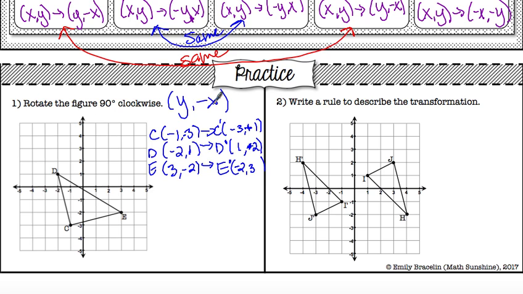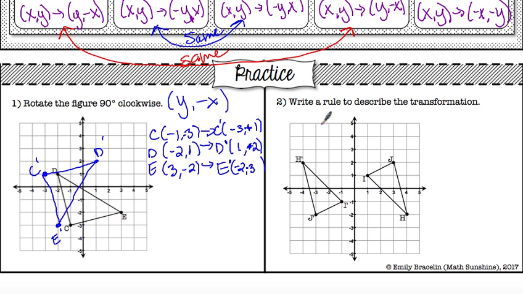The value that was originally x, the 3, is now negative. It's the opposite sign. So you would have -3, 1, 1, 2, and -2, -3. You get the same answer as if you were to turn your paper.